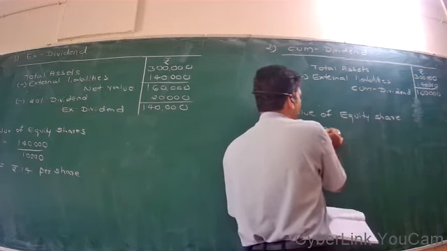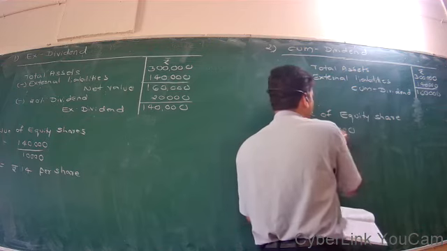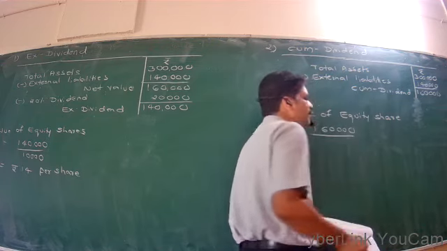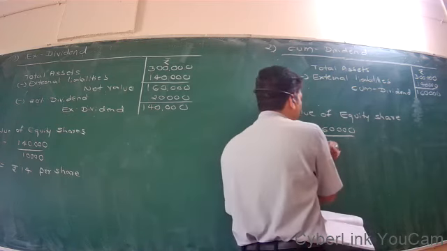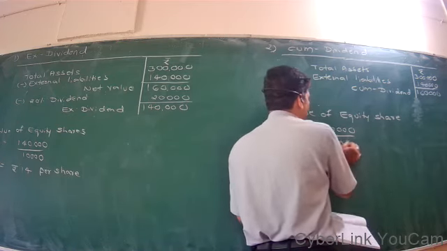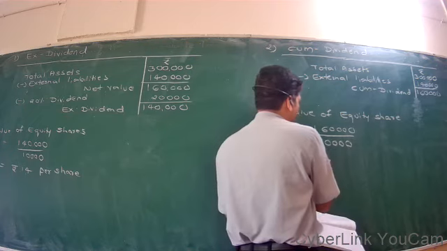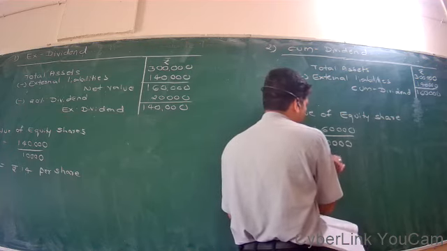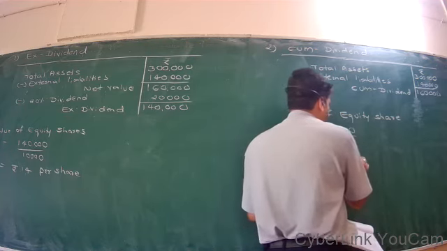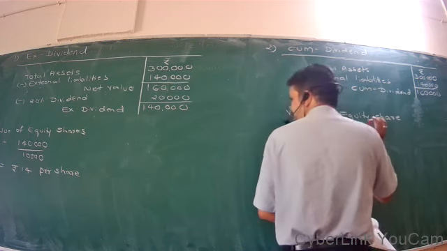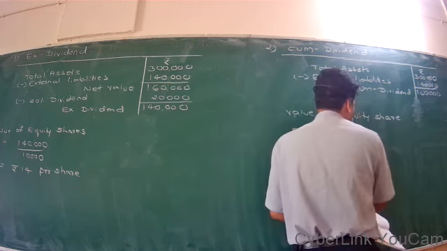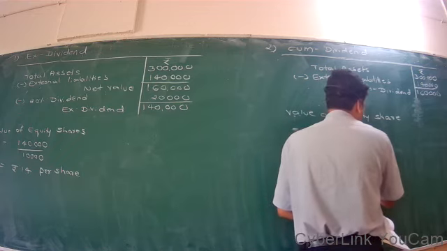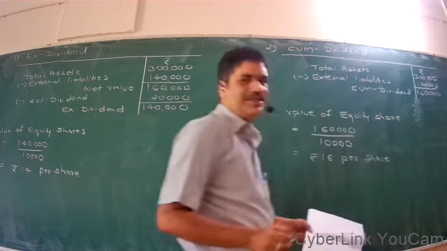In this case, 1,60,000 is the net assets available to equity shareholders, and the number of equity shares is 10,000. So rupees 16 per equity share. That is the value of an equity share.